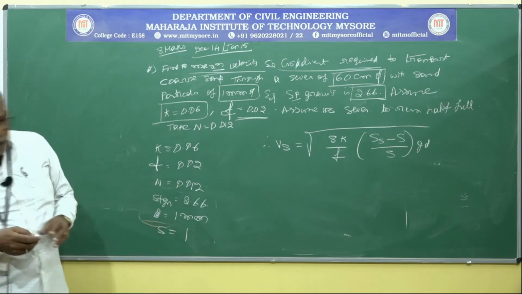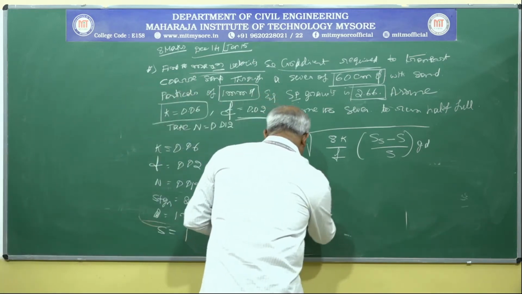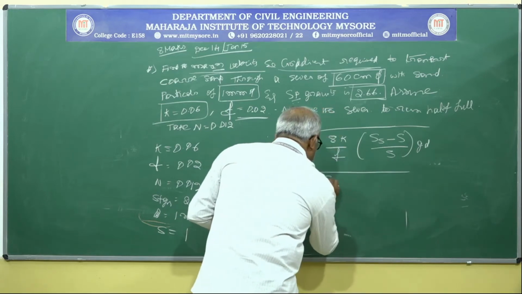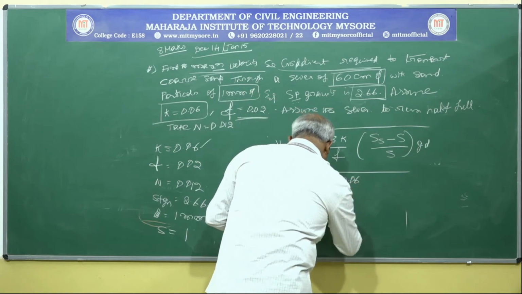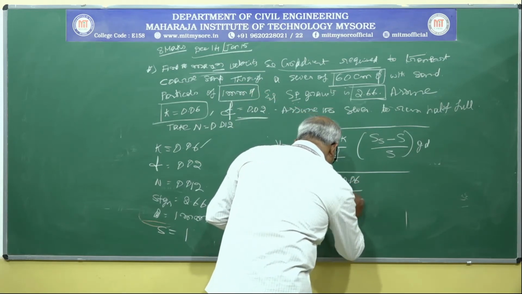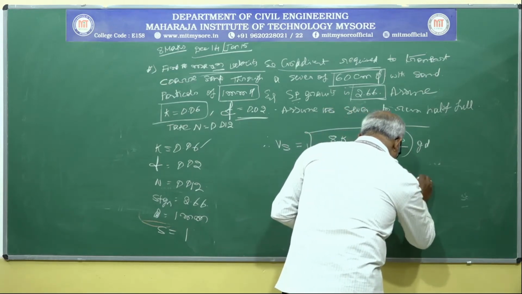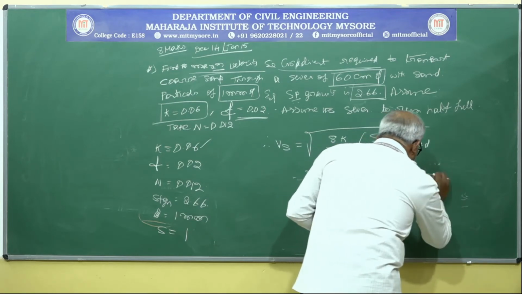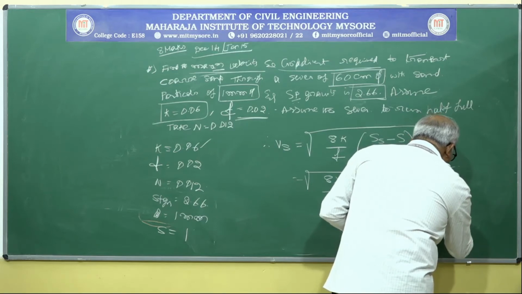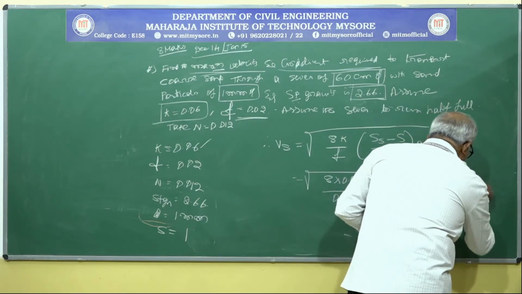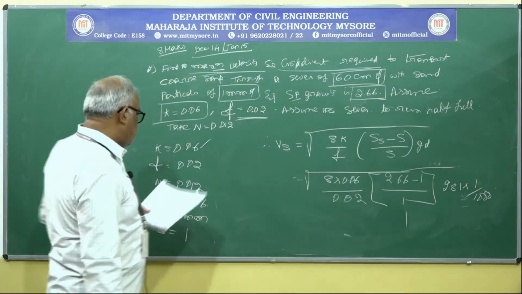So you substitute all the data into this equation: 8 into the value of k, 0.06, divided by 0.02, into 2.66 specific gravity of particles, and the value of g, that is 9.81, into 1 divided by 1000 as the conversion factor.